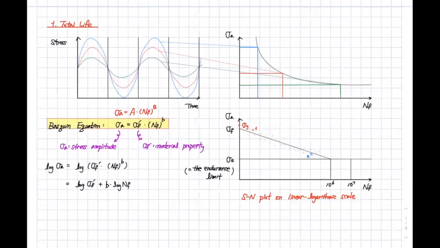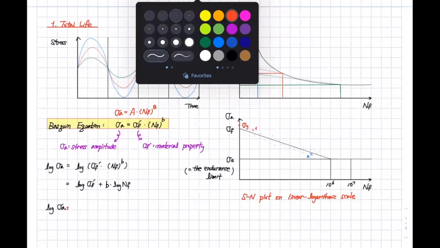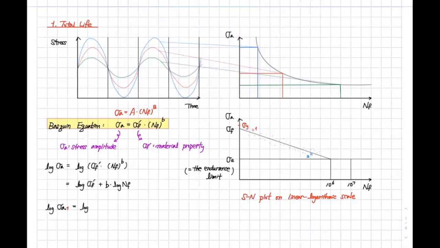So that means I can insert this point, which is point 1. And then this sigma F prime is the material's property, so it's not changing, plus b times log cycles, which is cycles 1, because the cycles are here and the amplitude is here.